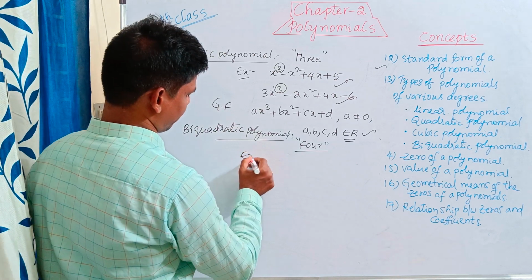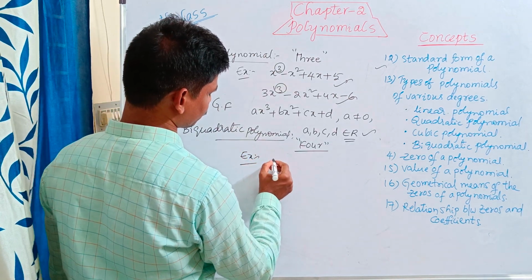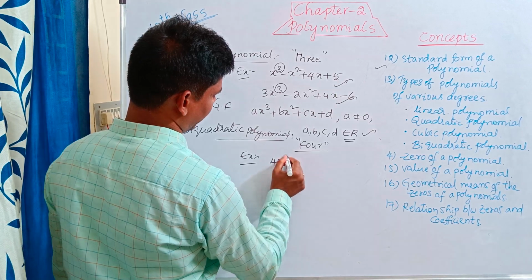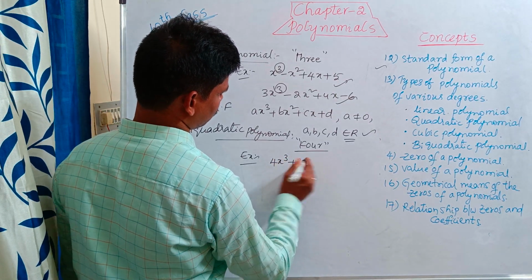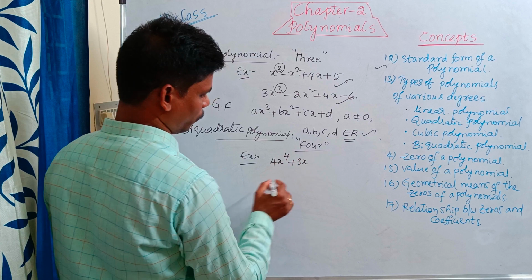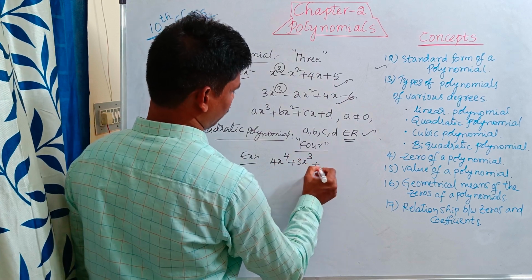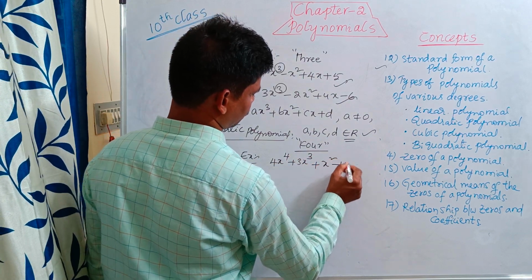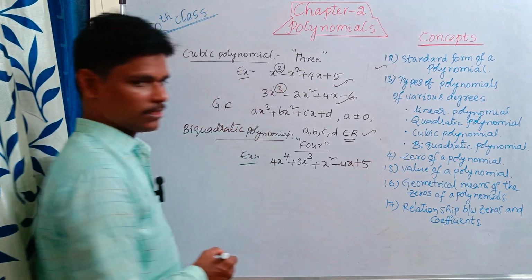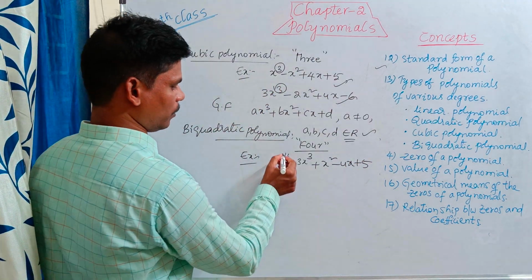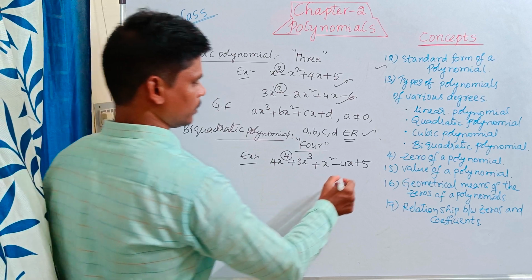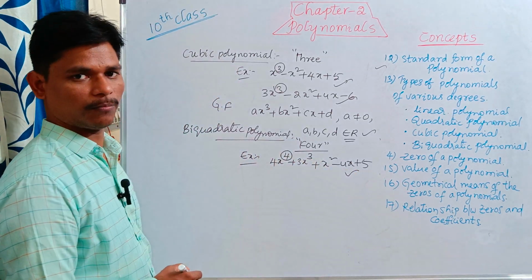For example, 4x power of 4 plus 3x cube plus x square minus 4x plus 5. See this example. Here the degree of the polynomial is 4, so this polynomial is a biquadratic polynomial.